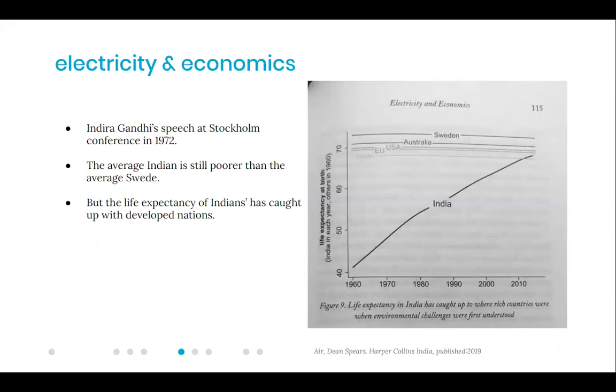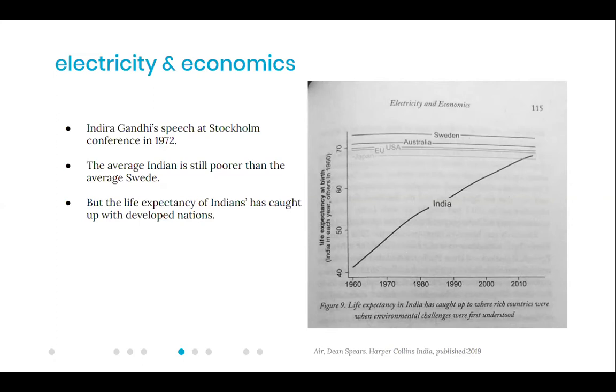So he takes us back to Indira Gandhi's Stockholm speech in 1972, where she argued that India does not have the resources to think about environmentalism right now because it is still in a very early stage of development. But while it's true that the average Indian is still poorer than the average Swede, if you look at this graph here, the life expectancy of Indians has almost caught up with most of the richest countries in the world.